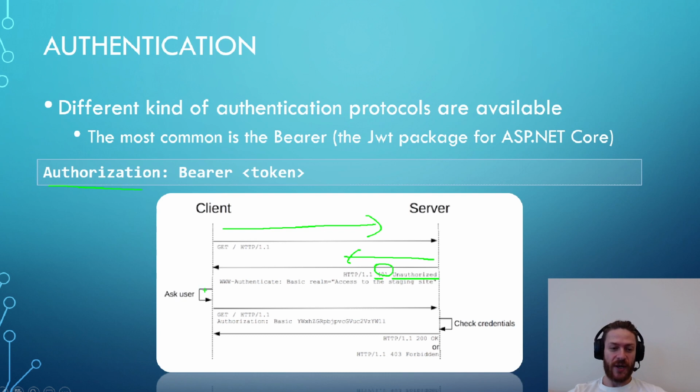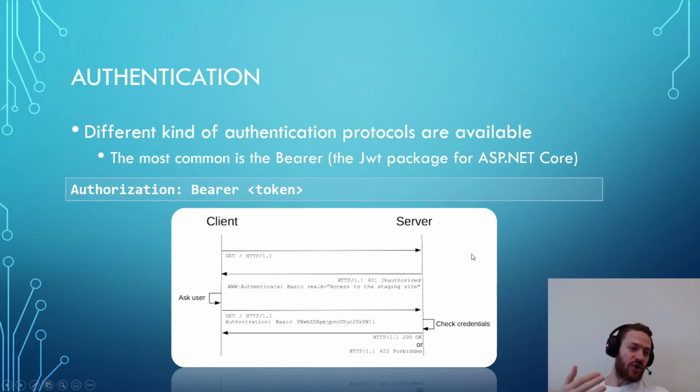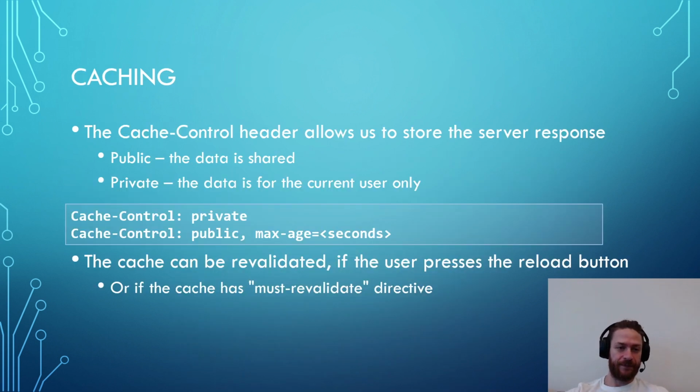Then the user logs in, and then the user has a token which can be put here, and we add an authorization header saying bearer with the token, and then we have a status code OK or a status code forbidden. This is how it works. But authentication and authorization in the web happens with the authorization header.